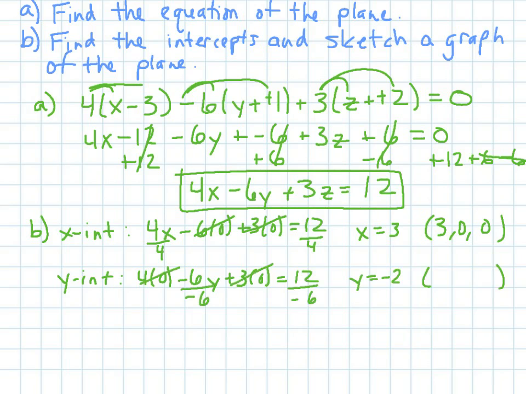So my y-intercept would be 0, comma, negative 2, comma, 0. Now for my z-intercept, x and y are 0 this time. So I plug those in, and I get this solved for z. So those go away. Divide by 3.